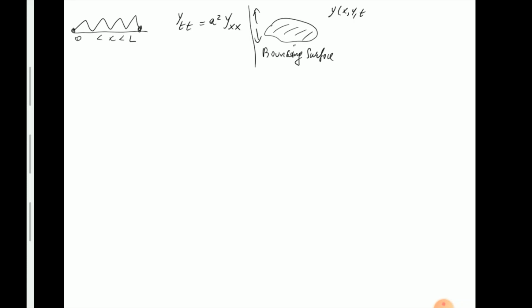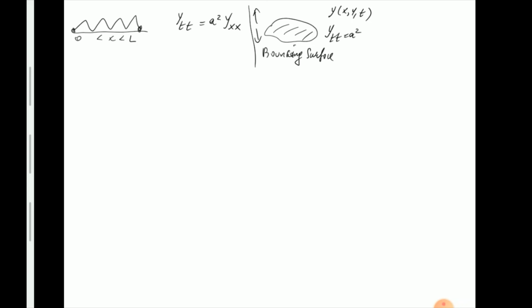All right, so in one dimension, as I said before, you have a vibrating string. The wave equation looks like this. In 2 dimensions, imagine you have essentially a bouncing surface, like the one that kids play on when they jump up and down. Then in that case, of course, the displacement will depend on two space variables and the time t.